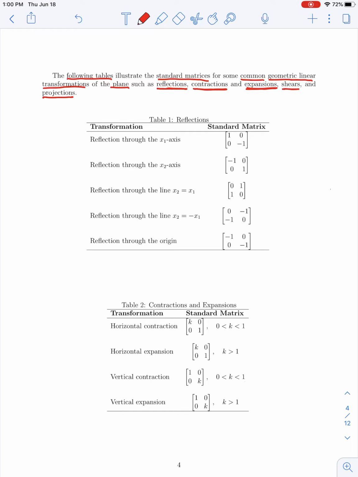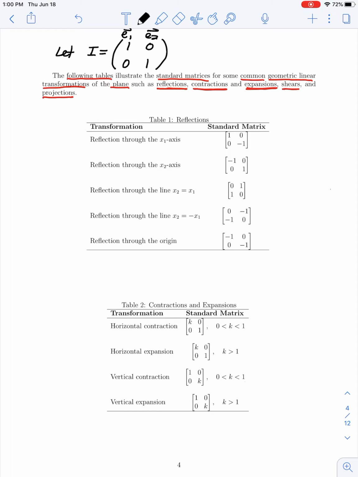As we're moving through these tables, let's keep in mind that to generate the standard matrix for the given transformation, we're looking at the columns of the 2 by 2 identity matrix, 1, 0, and 0, 1. Those columns are what we were calling E1 and E2.